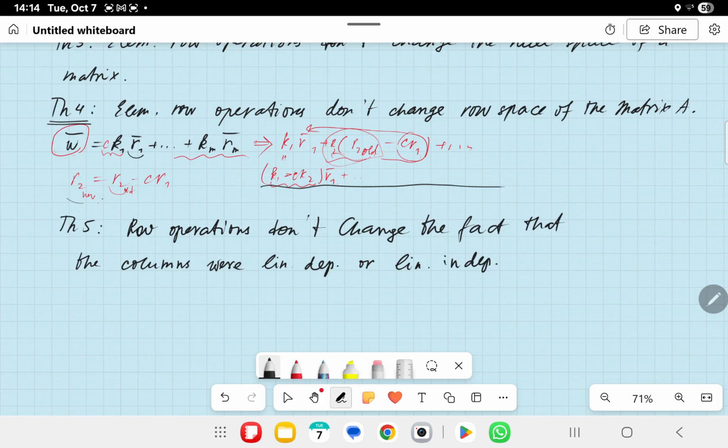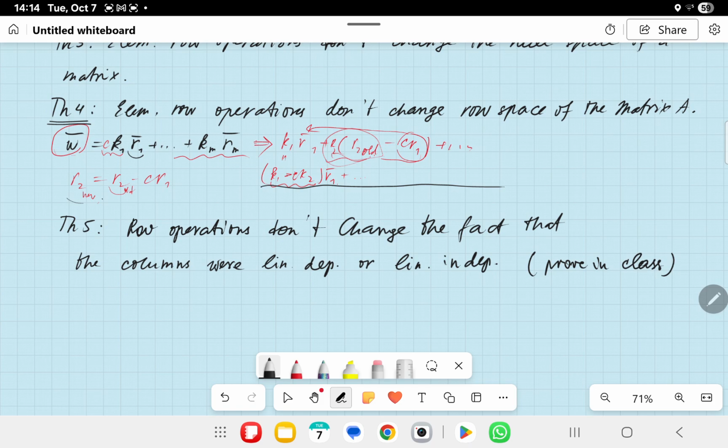So if some columns were linearly independent, no matter which row operations you do on them, they are going to stay linearly independent. If some columns are linearly dependent, they are going to stay dependent. I'm going to prove this in class. This is going to take a little bit longer than theorem 4, okay?